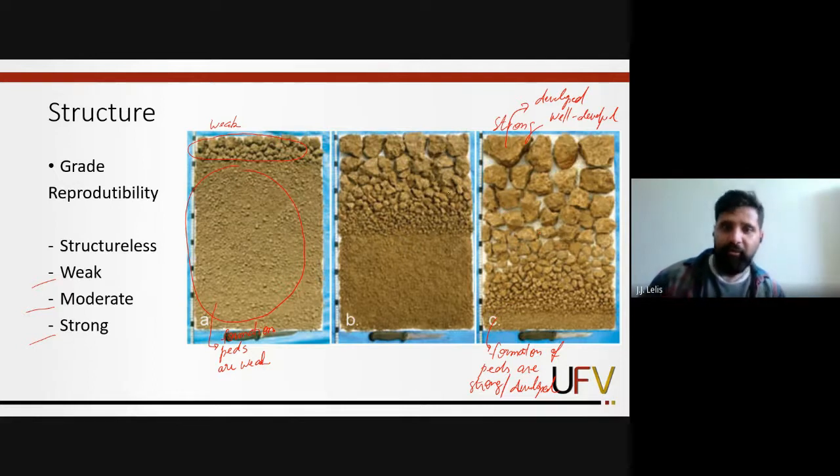And if you have something like half and half of material without aggregation and with aggregation, something like this, you have a moderate grade. That's what we usually find, the most common case. The most common grade that we can identify is the moderate grade, between weak and strong.